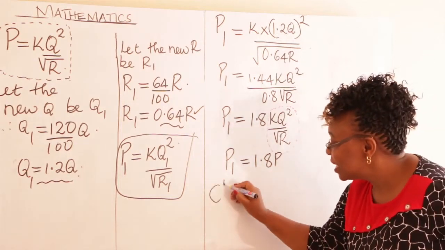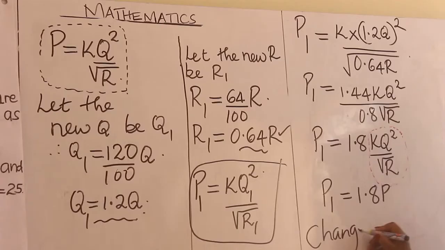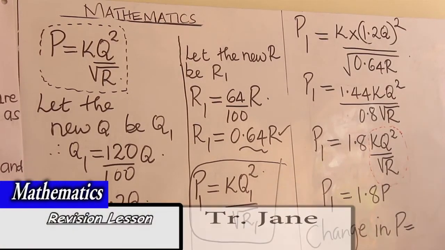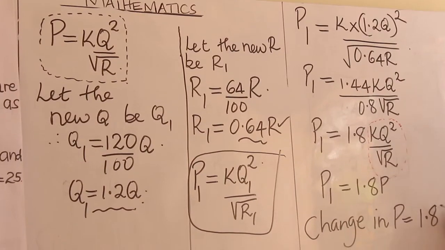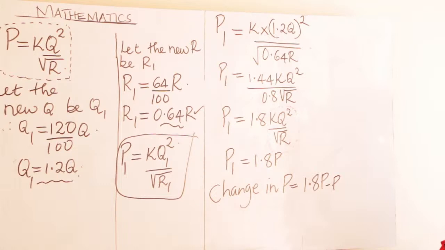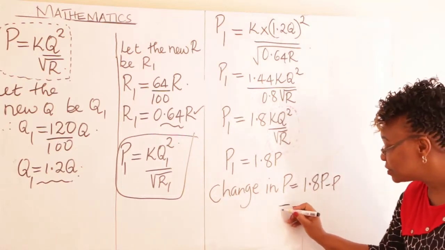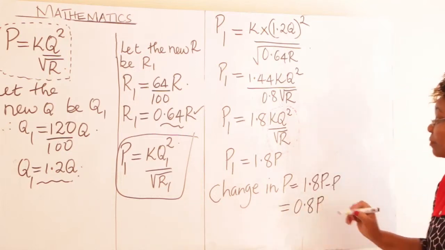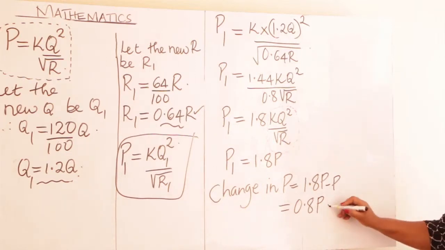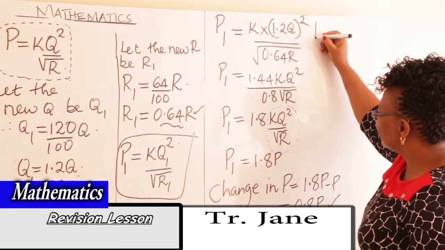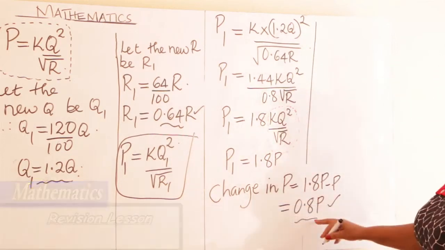How do you get the change in P? Therefore, what is the change in P? The change in P is given by the new P minus the old P. This gives you what? You subtract, you get 0.8 P. This is the change in P. So learn, what is the percentage change in P?